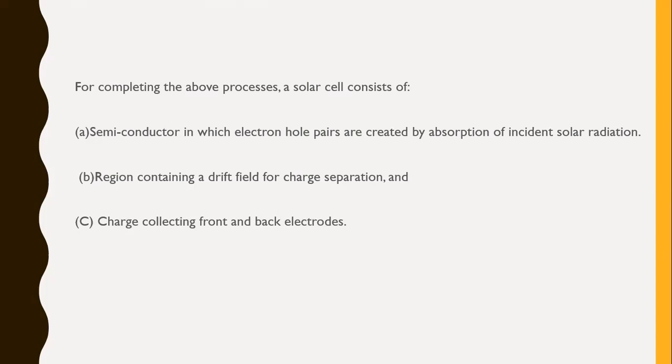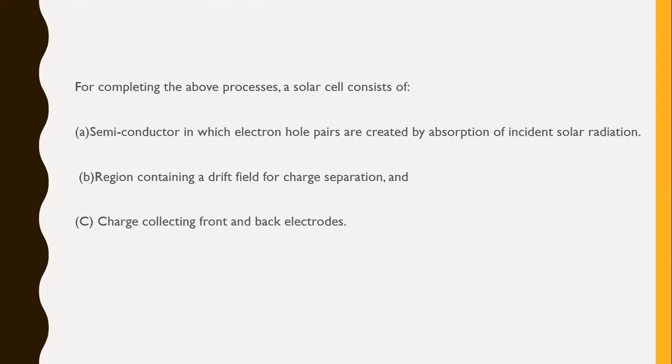So it should act as a semiconductor, having electron hole pairs created by the solar radiation photons. The second one is a region containing a drift field for charge separation.